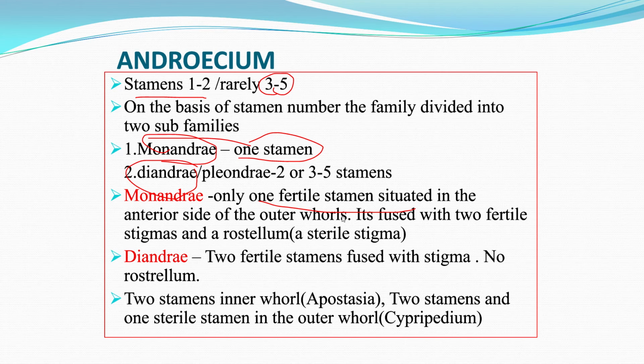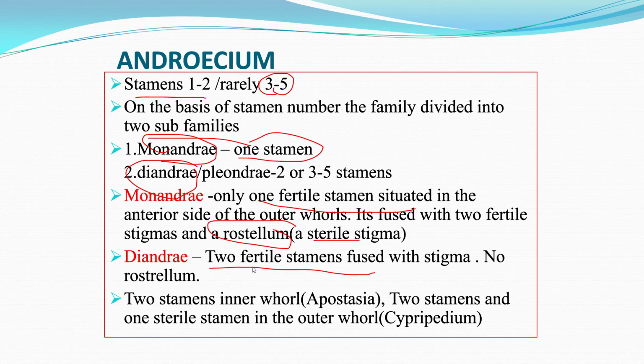It is fused with the sterile stigma and forms the rostellum. So rostellum is present in monandrae. In diandrae, 2 fertile stamens are fused with the stigma, but rostellum is absent.